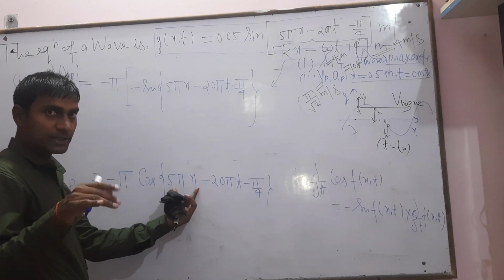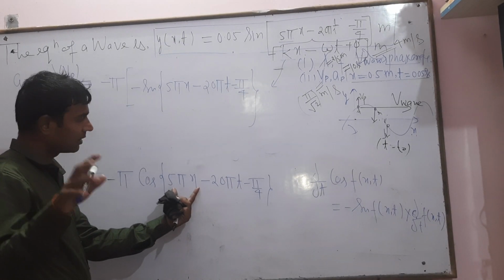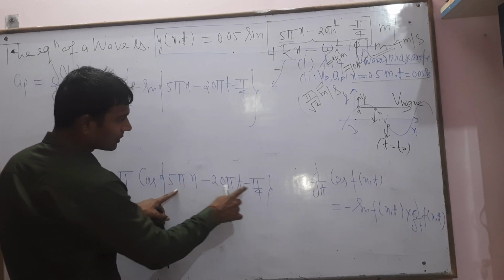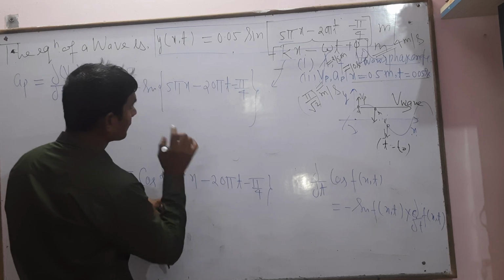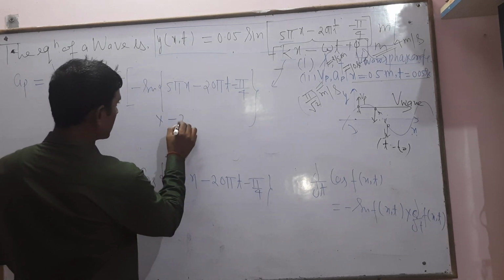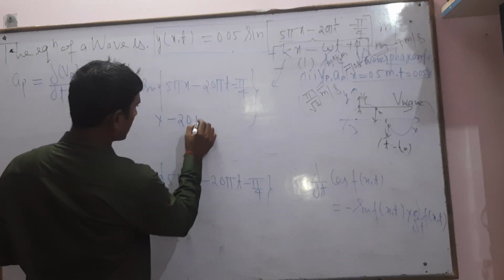Also we have to discuss the velocity of the particle, so x is constant, that number equals 0. This is minus 20 into pi.